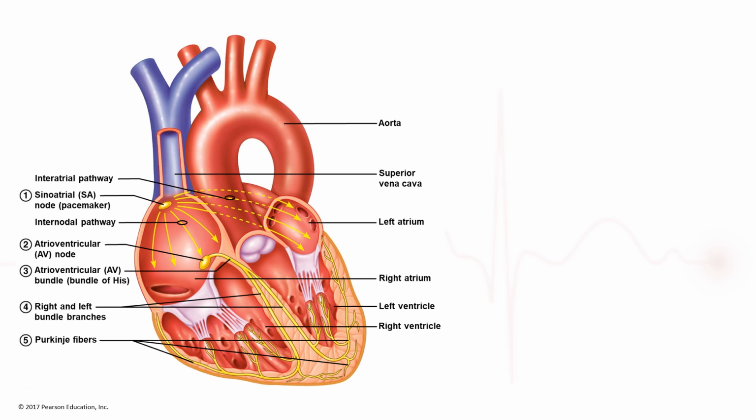They allow one cardiac muscle fiber to pass an action potential to another cardiac muscle fiber. So when one cardiac muscle fiber generates an action potential, that action potential will move into another cardiac muscle fiber, and that cardiac muscle fiber will generate an action potential. And when that cardiac muscle fiber generates an action potential, the action potential will move into the next cardiac muscle fiber that it is attached to, and the next one in line will generate an action potential.